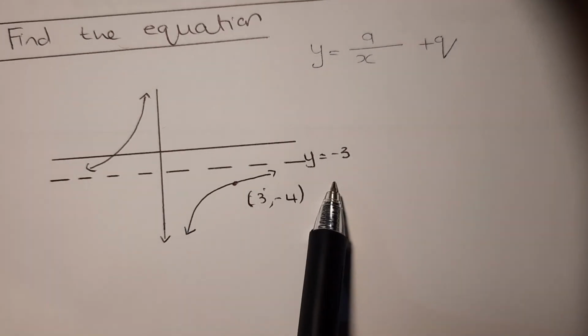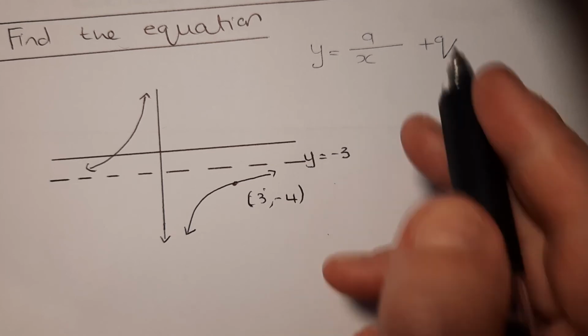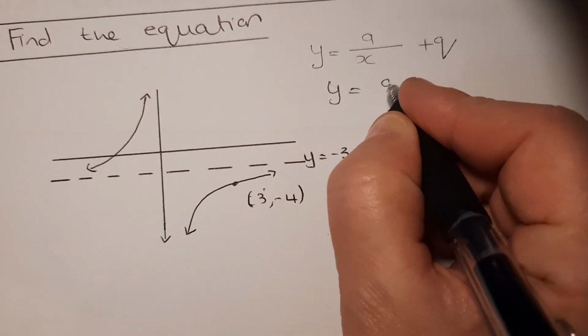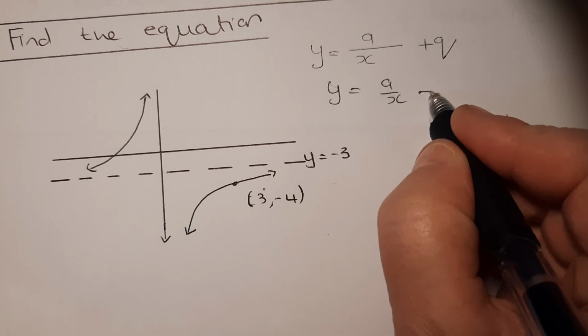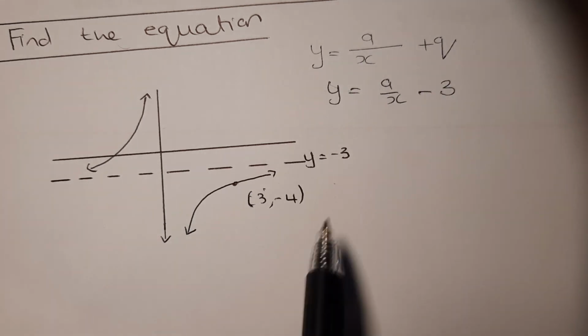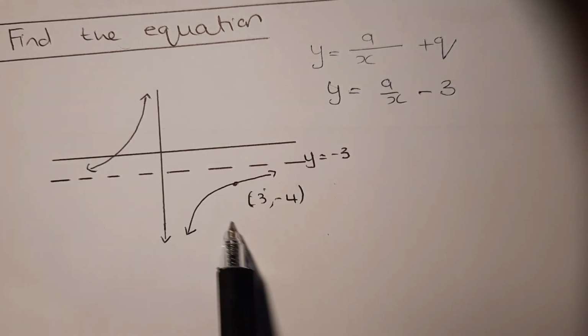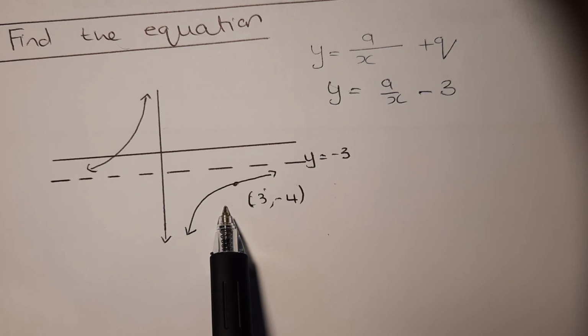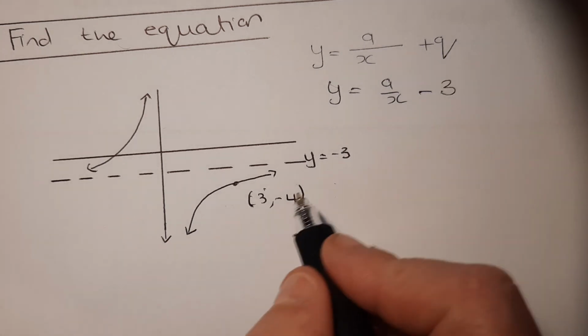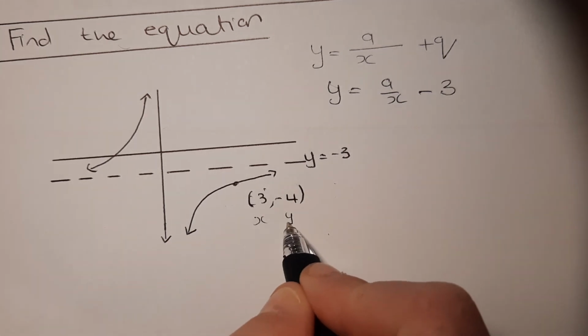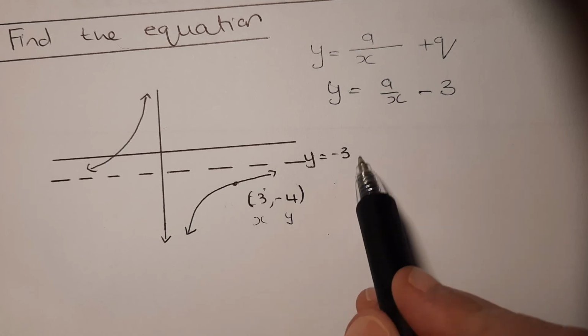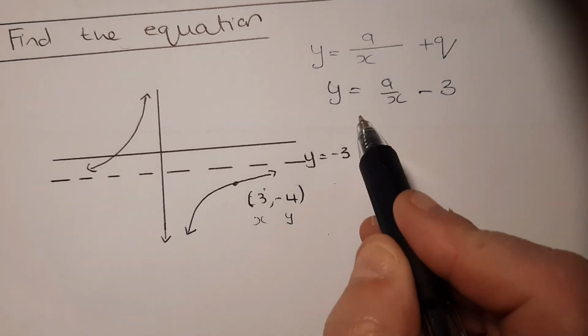In this case, the graph moved down from the mother graph 3 units. So it's going to be y is equal to a over x minus 3. And then we are going to substitute the point that touches the hyperbola. So this is my x value and that is my y value.